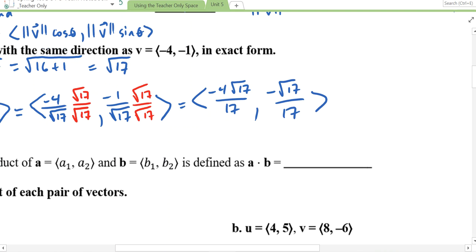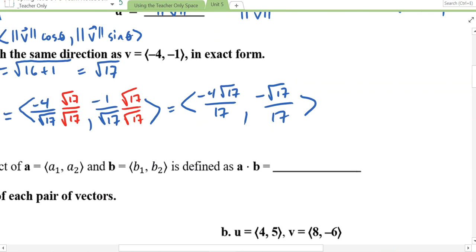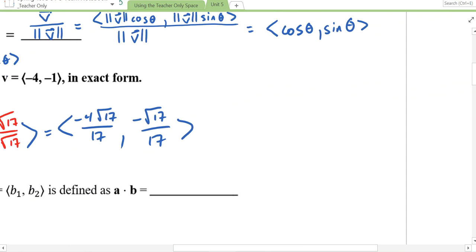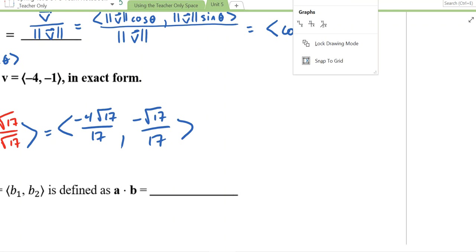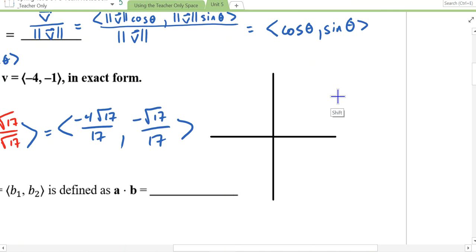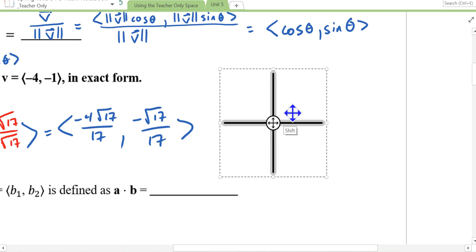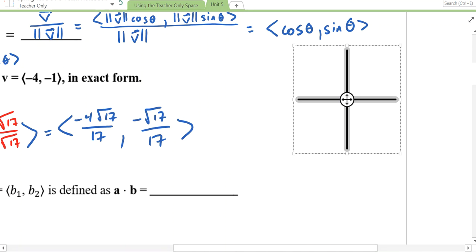And we did this same kind of thing back when we did our right triangle trig stuff. So if this is negative 1 and negative 4, if we're looking at the coordinate system, remember our coordinate system? If we take this, we're just going to do this off the side. And I put a triangle down here.